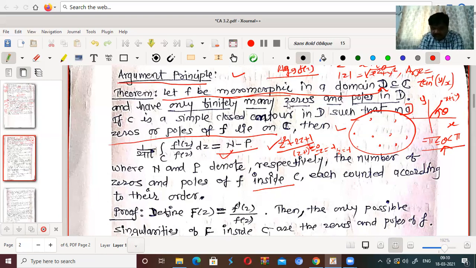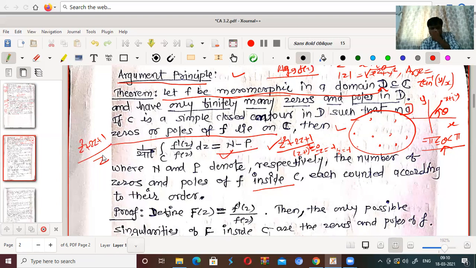Suppose f has finitely many zeros and also poles in D. Poles means there are some points at which the function is not analytic. Suppose z square plus 2z plus 1 upon z.